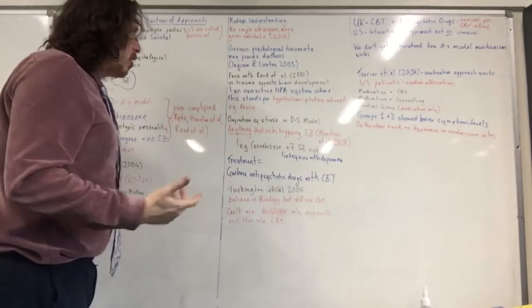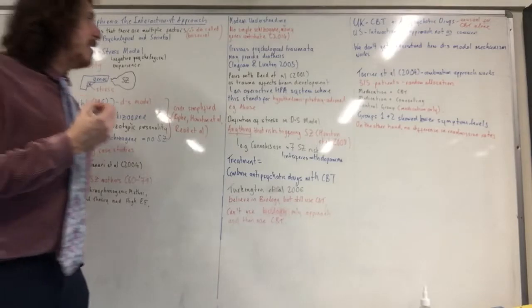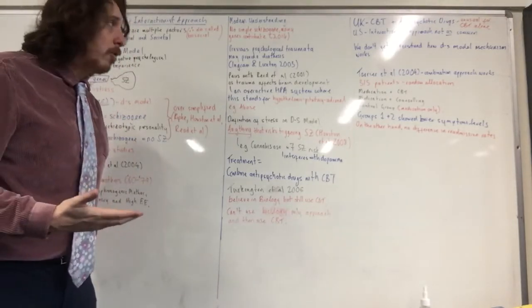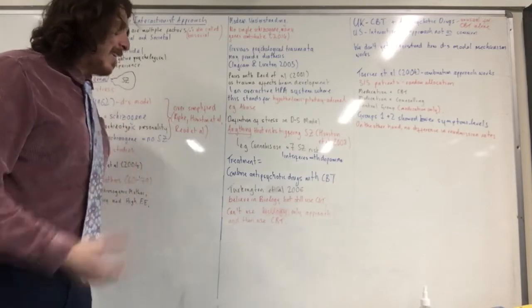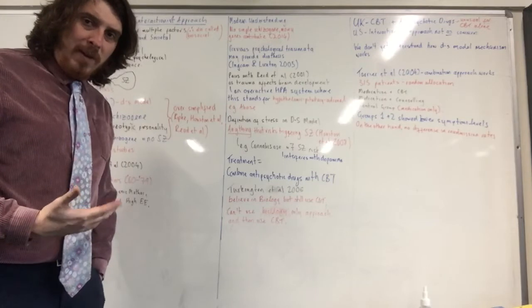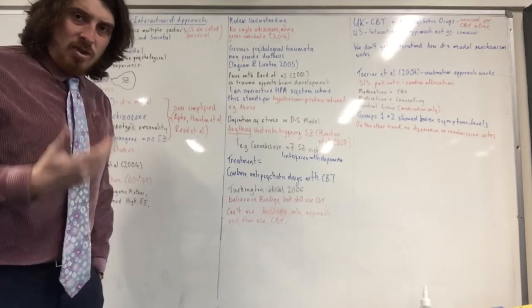Also, there are other studies, such as Ingram and Luxton in 2005, and this is that previous psychological traumata, plural trauma, may provide diathesis. So it's the idea that the trauma itself may be the thing that introduces the vulnerability and isn't the stress.